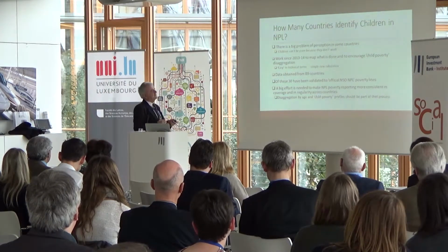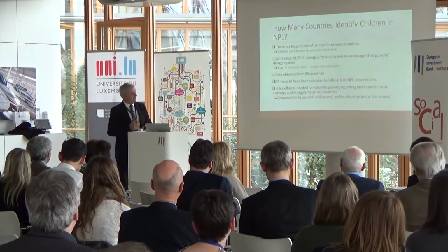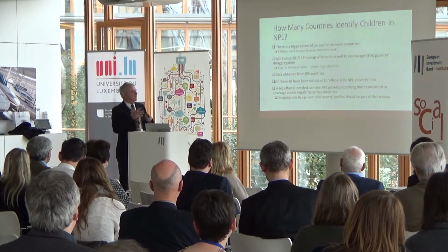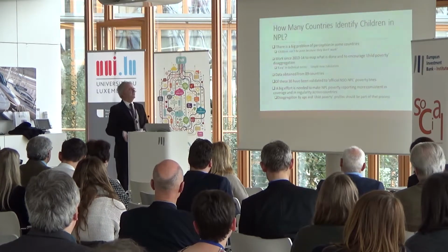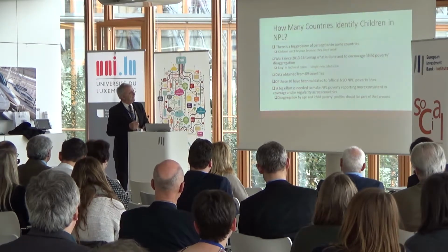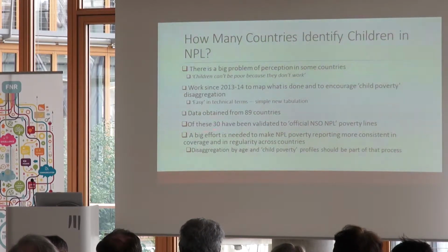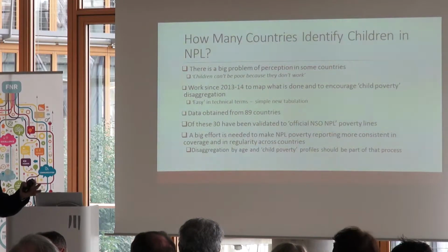And we've managed to get data obtained from 89 countries. And this is all since 2009. We don't want old poverty data, we want recent poverty data. Now 89 sounds good, but again, what we have to do is validate these against national poverty lines. We want to get the statistical office to own this child poverty figure.